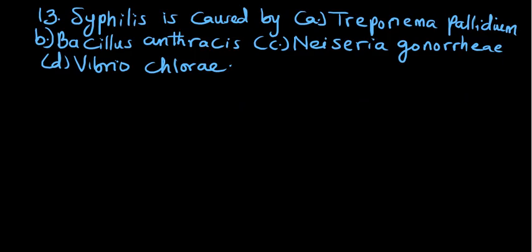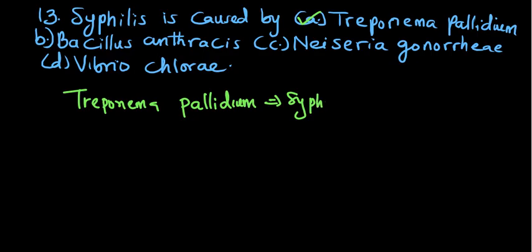Syphilis is caused by A. Treponema pallidum, B. Bacillus anthracis, C. Neisseria gonorrhea, D. Vibrio cholera. So the answer here is option A. Treponema pallidum causes syphilis. Now what does Bacillus anthracis cause?